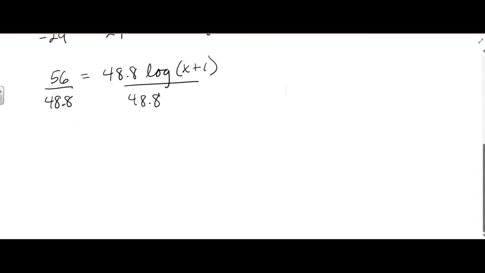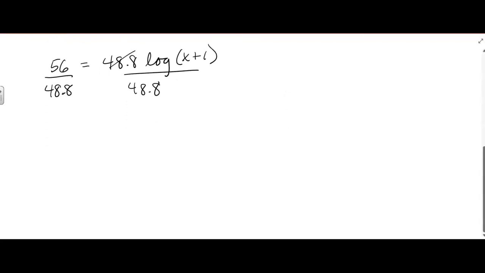Okay. So I can switch it the other way if I want to, but I don't want to. So I have 56 over 48.8 equals log, that's a common log, right, of x plus 1. Okay, so how do we solve this? Well, the idea is I want to get it out of a logarithm and put it in exponential notation.